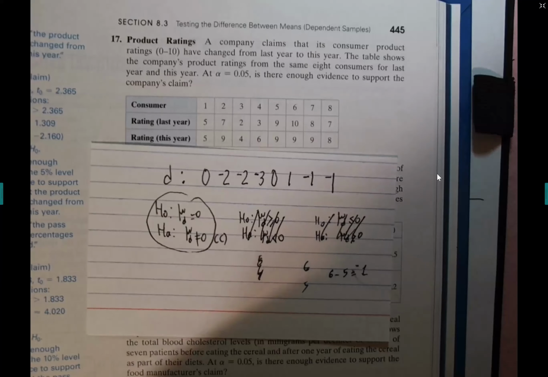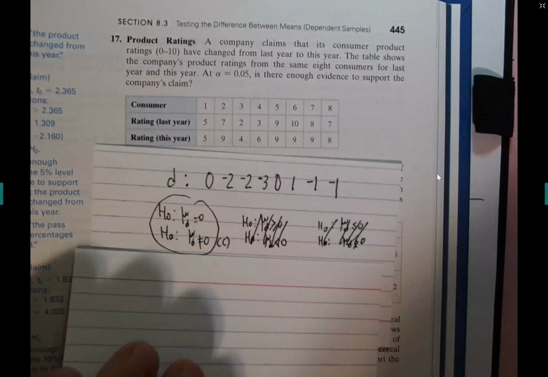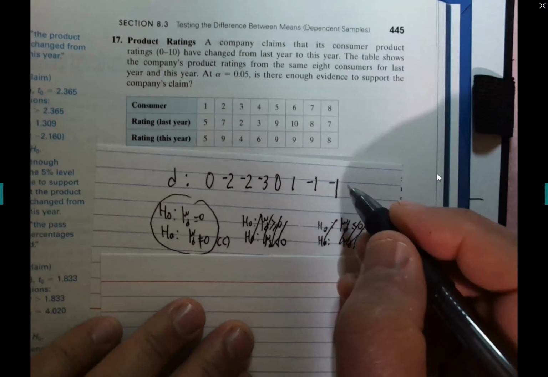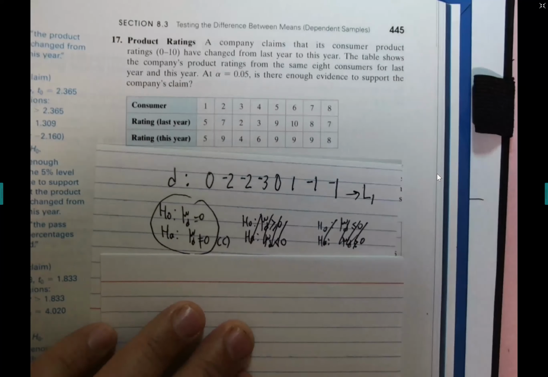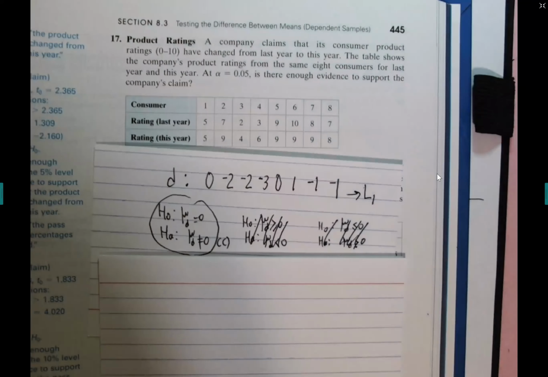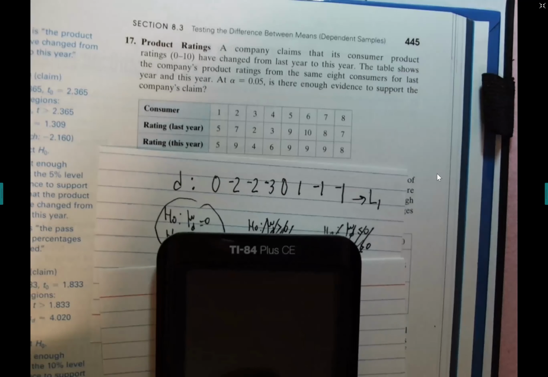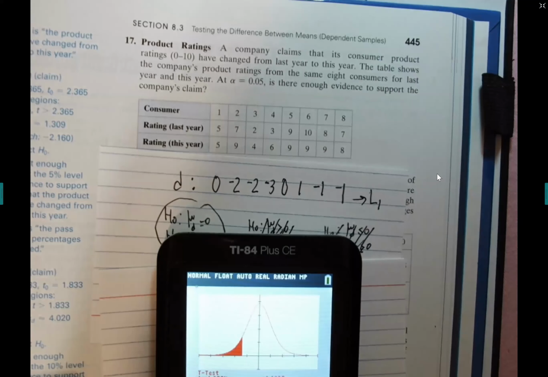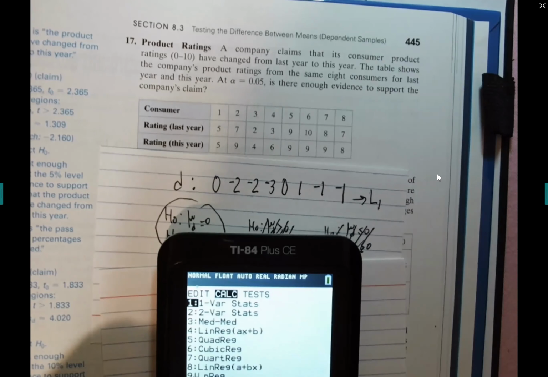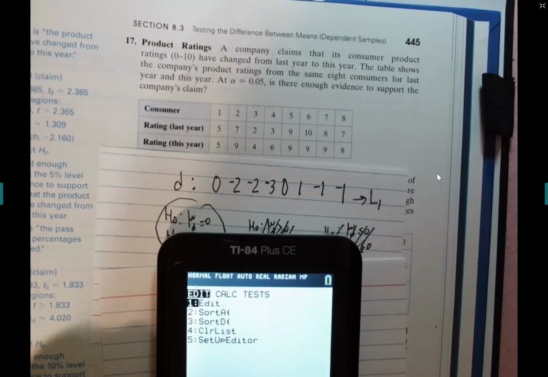Okay, and now we're going to put the data into a list. We're just going to input this and show you how to process this information. Watch. Edit.